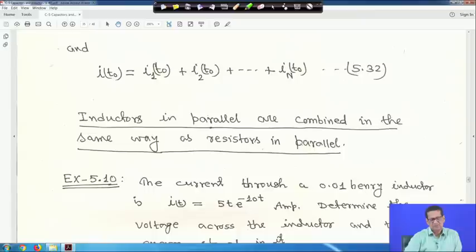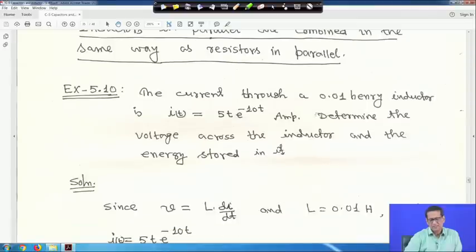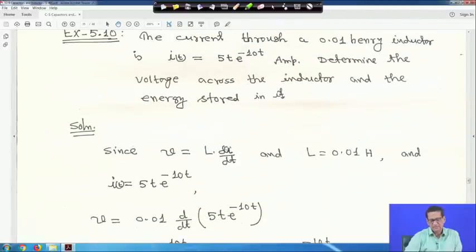Next, we will take 2-3 examples. So, just look into this. The current through a 0.01 henry inductor is i(t) equal to 5t e to the power minus 10t amperes. Determine the voltage across the inductor and the energy stored in it. We know that v is equal to L di/dt, where L is given as 0.01 henry and i(t) is 5t e to the power minus 10t.